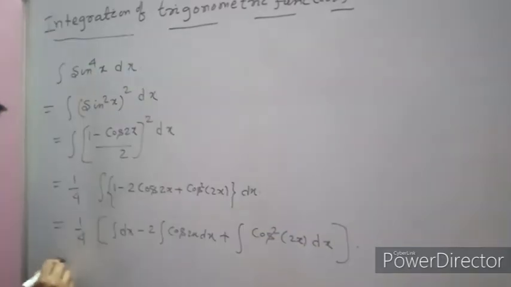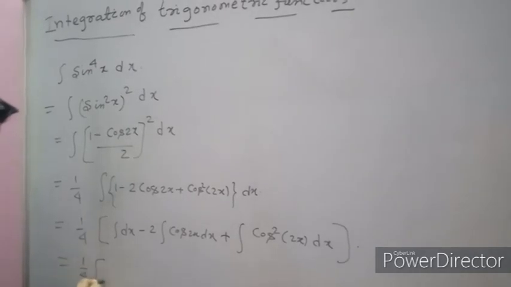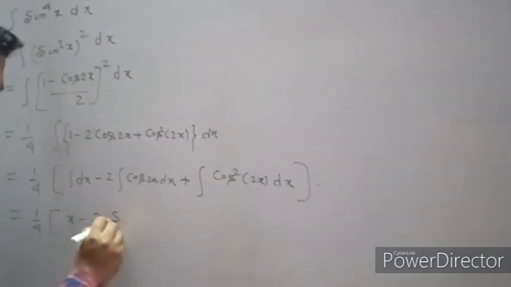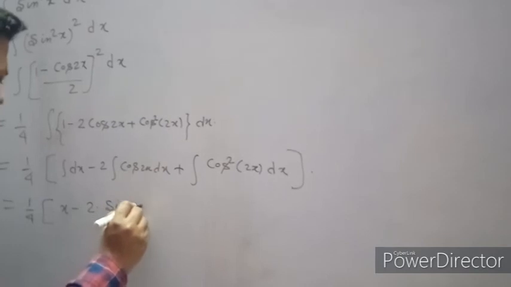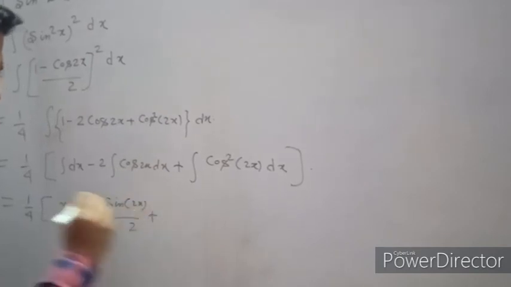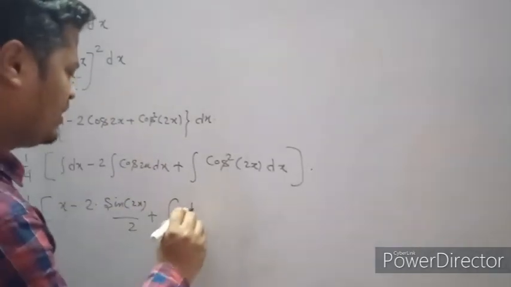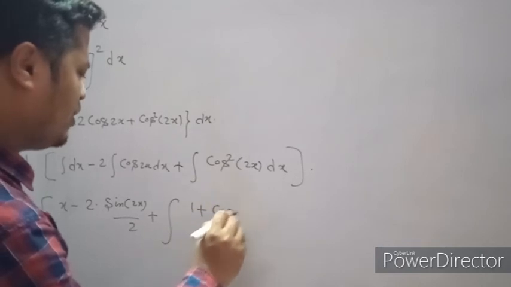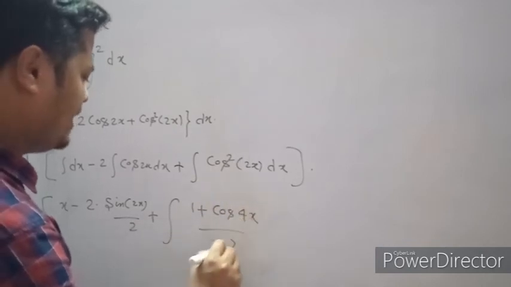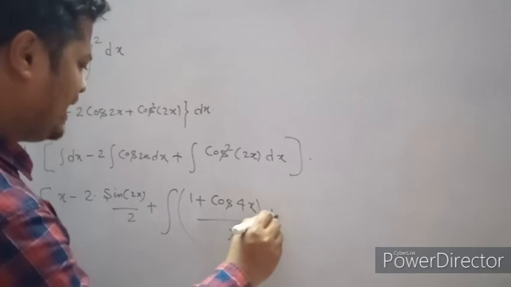So this is 1 by 4, this gives you x minus 2 sin 2x by 2, and this one you have to again convert, (1 plus cos 4x) by 2 dx.